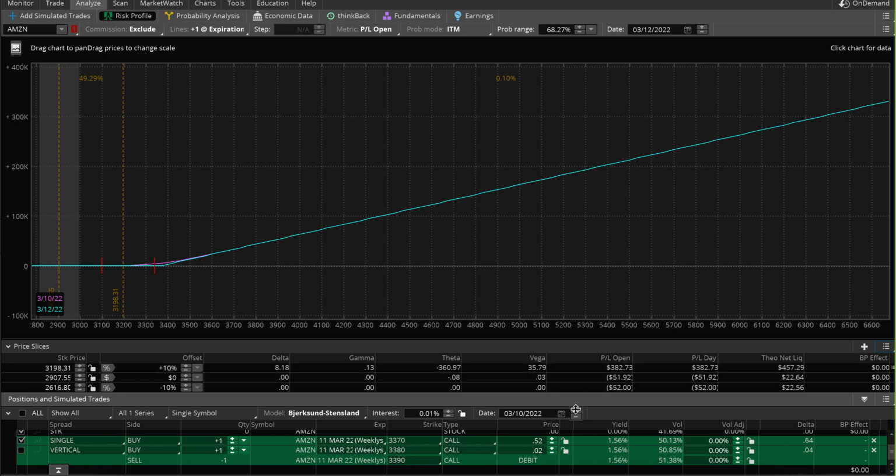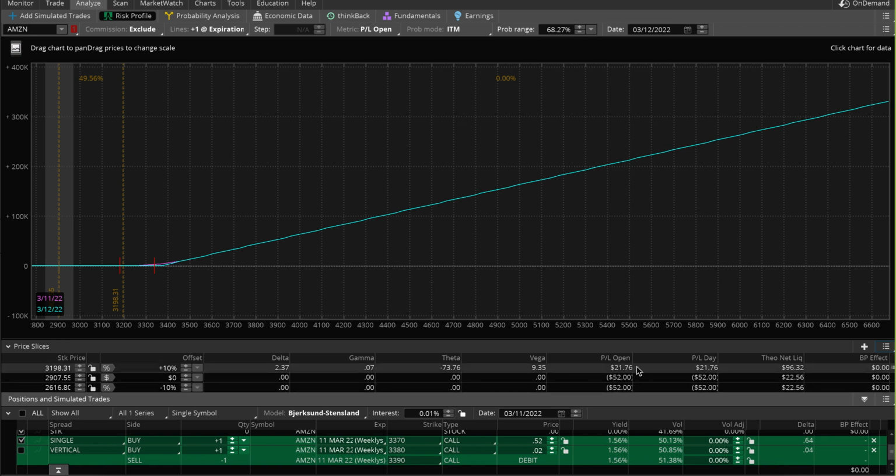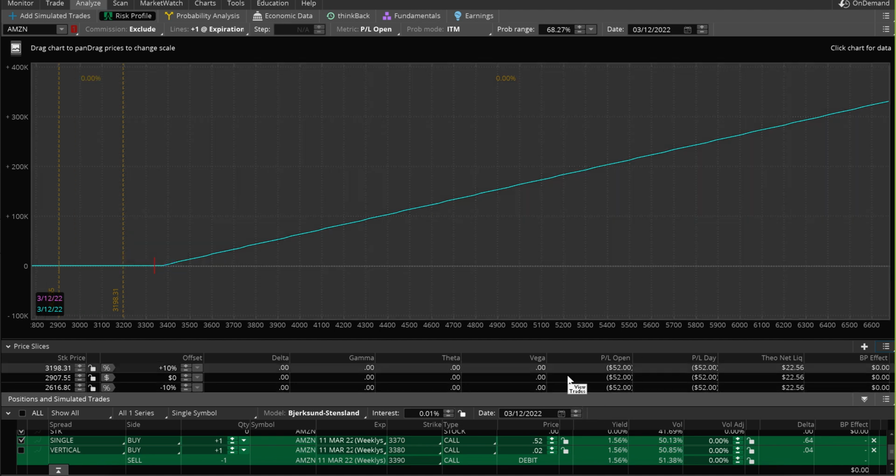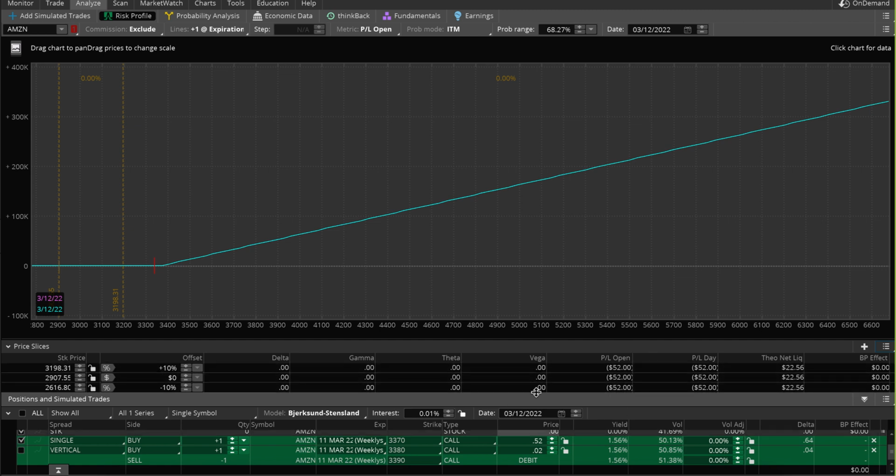Let's say we were still holding this in the early morning on the 11th, our profit would only be about $21. And if we held it to expiration, it would turn into a loss of the entire $52 you put into buying this out of the money call.